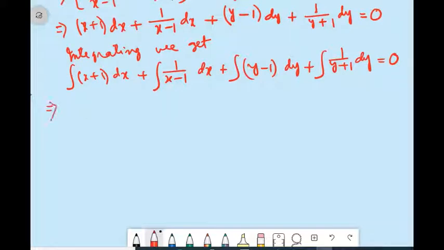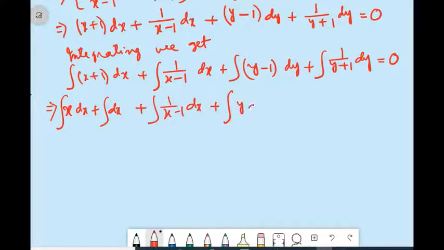So this implies you can write x dx plus 1 into dx is dx plus integration 1 by (x − 1) dx plus integration of y dy minus integration of dy plus integration of 1 by (y + 1) dy is equal to 0.